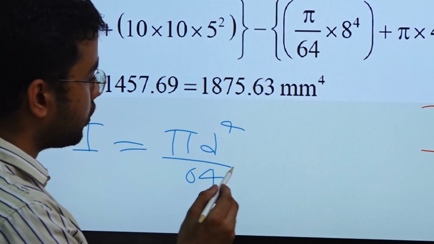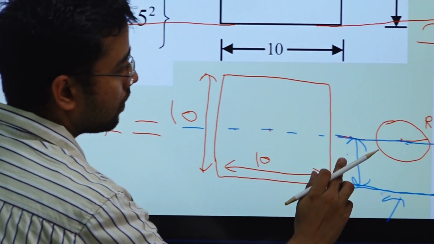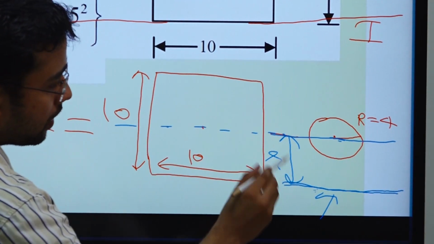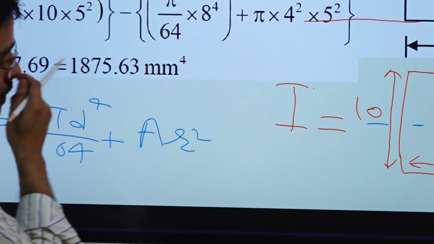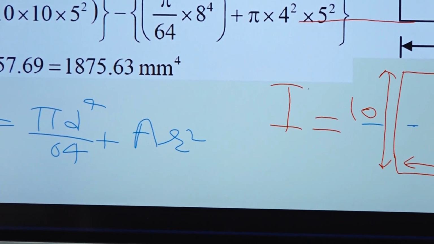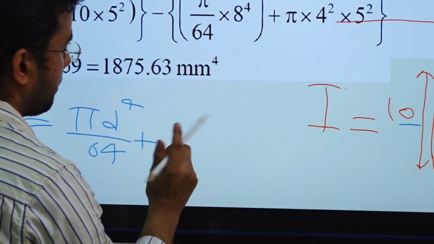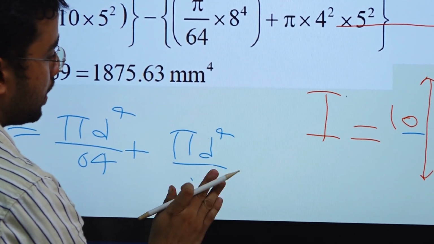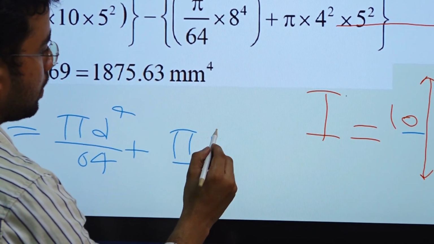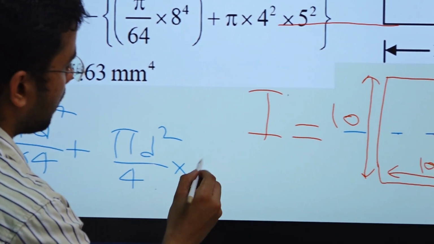So it is about the centroidal axis plus, suppose this is r, and the area of the circle is A, plus A r square, from the parallel axis theorem, right. So A will be pi d square by 4, into the distance r square.